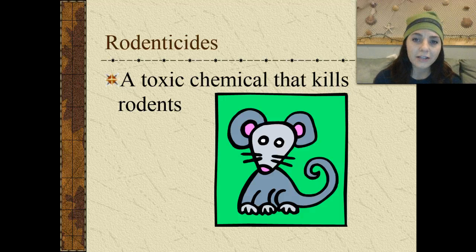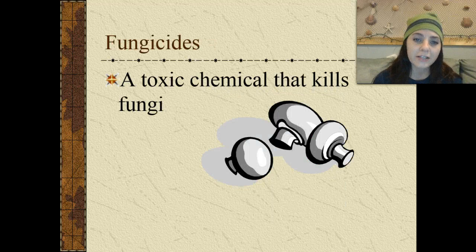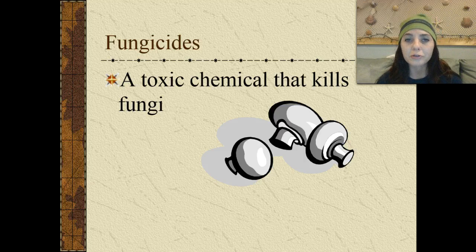We have rodenticides, which is kind of self-explanatory. Those kill rodents, like this little mouse right here. So, mice, rats, any type of rodent like that. We have fungicides, which are toxic chemicals that can kill fungus, such as mushrooms and different types of molds.